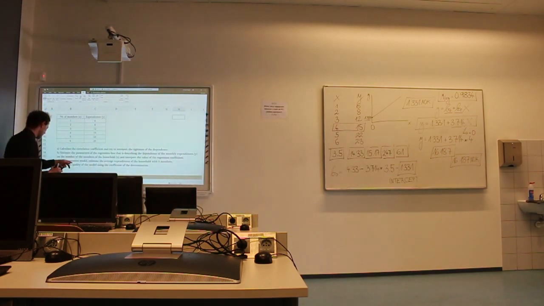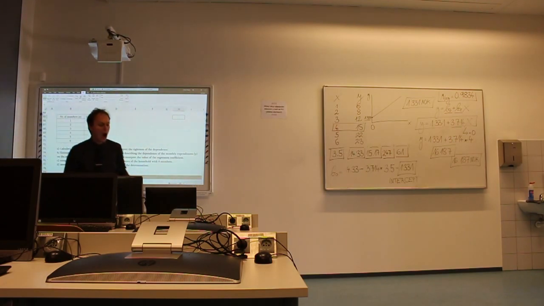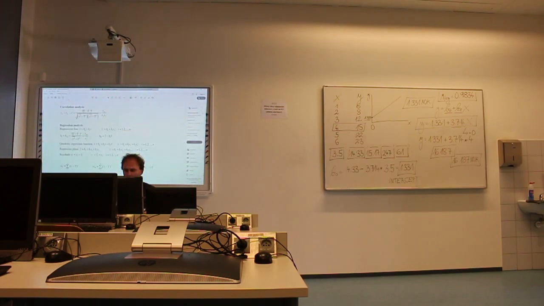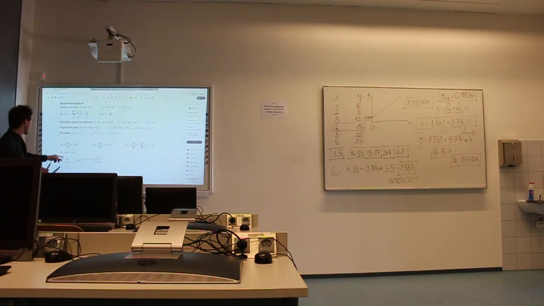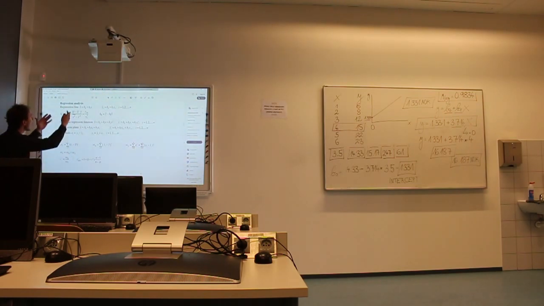We can assess the quality of the model using the coefficient of determination R squared, yes? With Mr. Hellman, you talked about R squared. R squared is written here in regression analysis. We need to know the regression sum of squares and the total sum of squares, yes? And this is the same as we calculated during the ANOVA method.